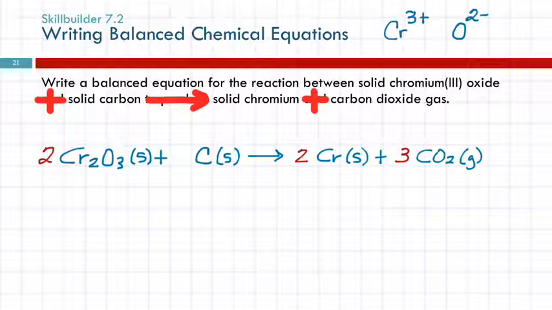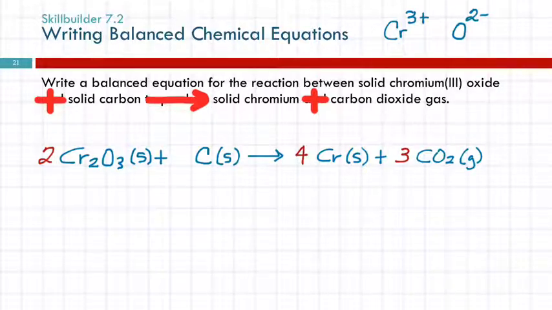So I need to pay attention and go back and fix that. Now I've got 4 chromiums here, so I need to change this coefficient, right? So I'm just going to erase that. Balancing equations should be done in pencil. There will be many erasings. And I'm going to put a 4 here. Everybody okay with that?